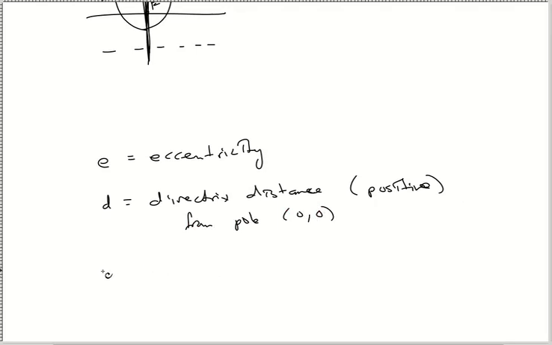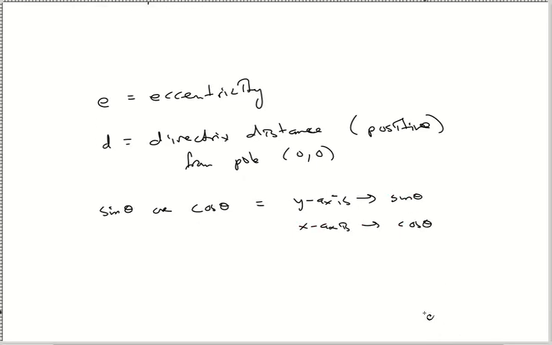Okay. Again, your sine or cosine is about the axis. So a y-axis kind of polar equation, you're going to use sine. And if you were centered on the x-axis, it'll be a cosine. Okay. There's one last part.